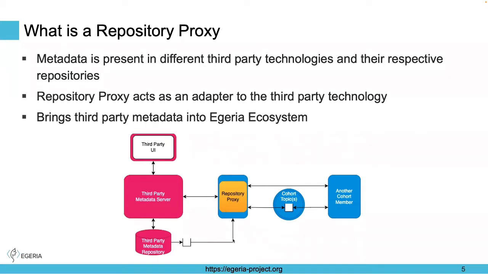Of course, one of the most important goals of Egeria is to bring that to open, or to share it across. And when it comes to third-party technology, the way to do it is through a repository proxy.